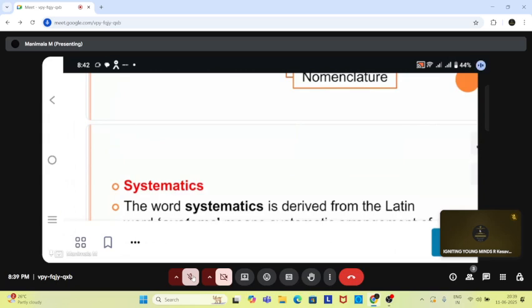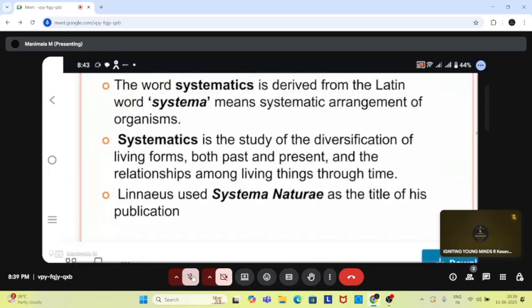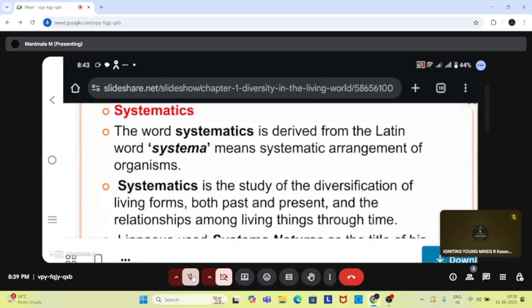So the next one is systematic. What is systematic? This is also derived from the Latin word systema, meaning systematic arrangement of organisms. Now that we have grouped the organisms, how can they be arranged properly? For that we use the word systematic.